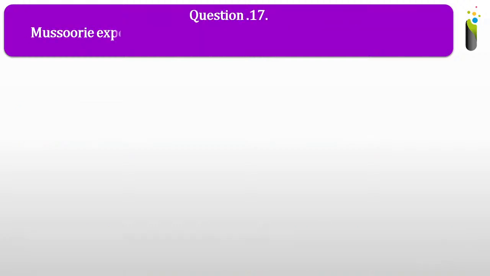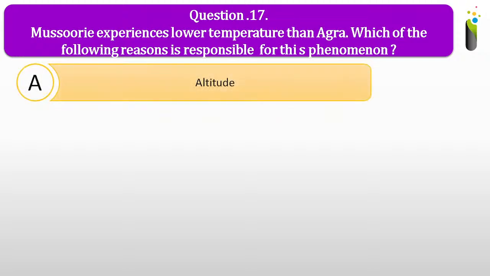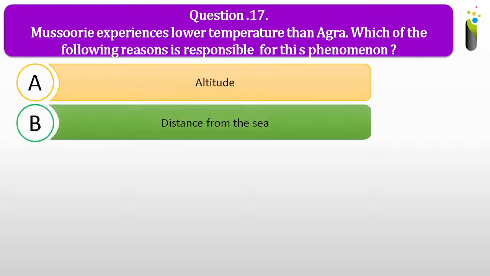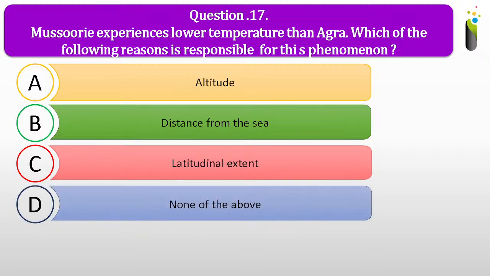Question number 17. Mussoorie experiences lower temperature than Agra. Which of the following reasons is responsible for this phenomenon?